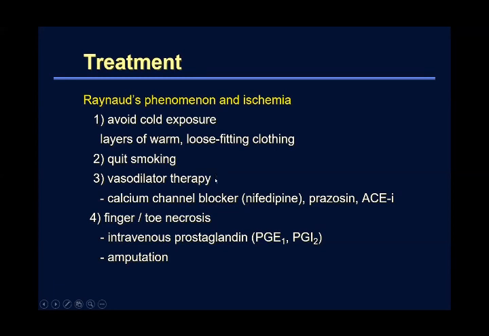That's the important part, especially the calcium channel blocker. Then nifedipine, trazodone, ACE inhibitor, or sildenafil. These are the drugs given as vasodilators to increase the perfusion of the digits and to avoid Raynaud's phenomenon.